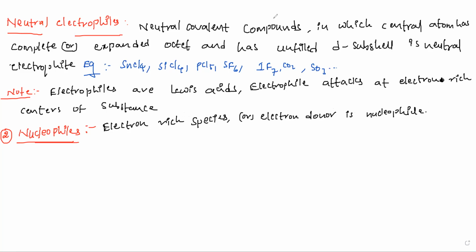Nucleophiles can be classified into three types. The first one is the charged nucleophile, like electrophile but opposite of electrophile. Electrophile is positive, and nucleophile is negative. Charged nucleophile means negatively charged species.